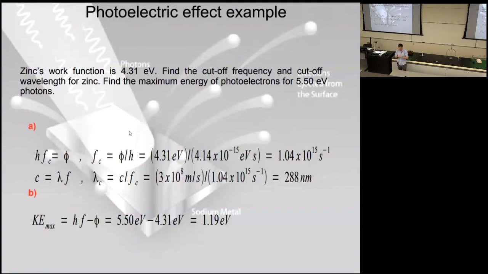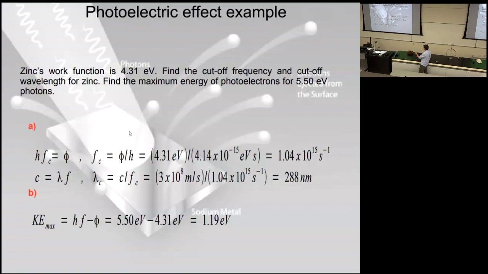So at the cutoff frequency, cutoff wavelength, the energy of the photon, hf, is equal to the work function, the amount of energy you need to liberate the electron. There's none left to give it kinetic energy. So to find the cutoff frequency and cutoff wavelength, we just use the fact that the cutoff corresponds to the incoming photon energy being equal to the work function of the metal.